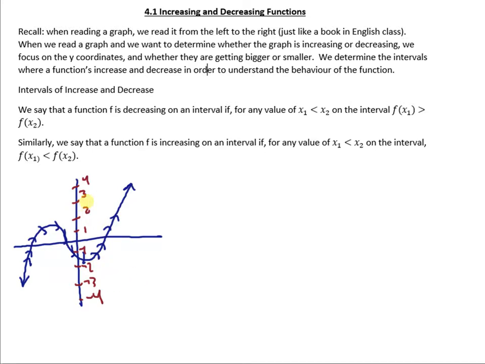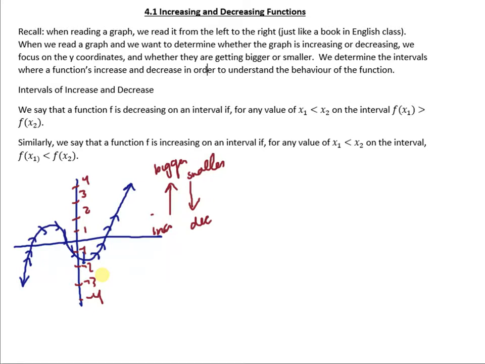Are the y's getting bigger, which is moving up, or are the y's getting smaller? In other words, increasing is when the y's are going up, and decreasing is when the y's are getting smaller. We don't look at the negative or positive number. What we do is we just compare the numbers.